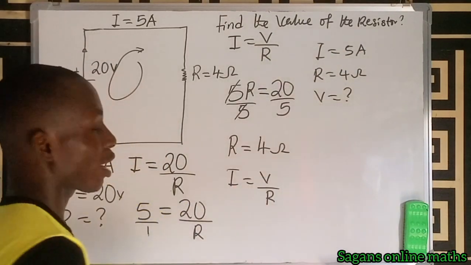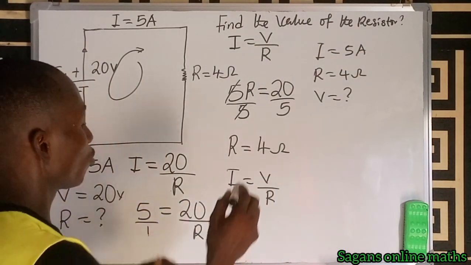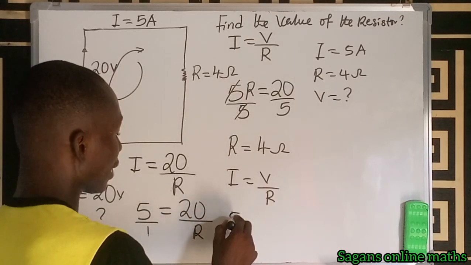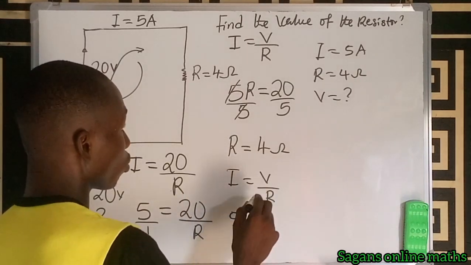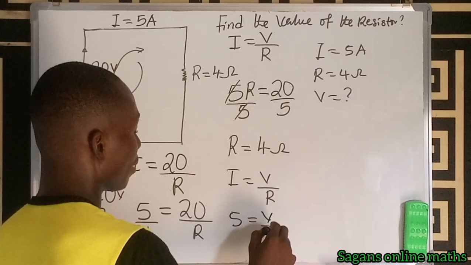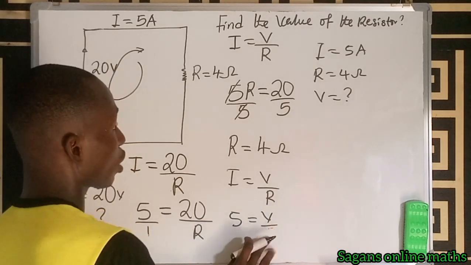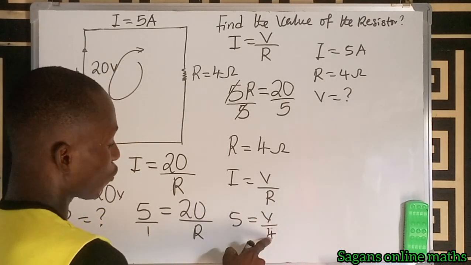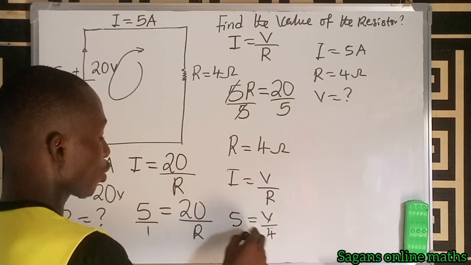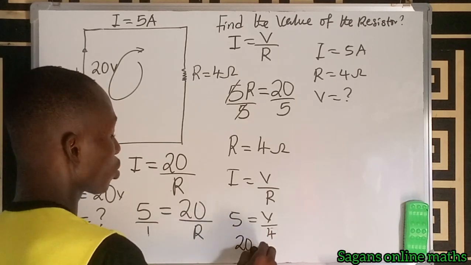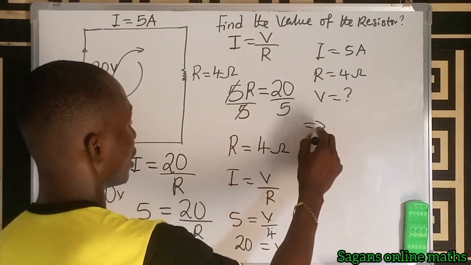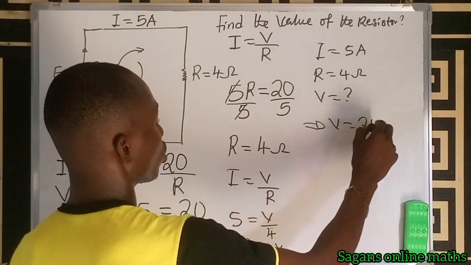Let's see whether I can get the true value of the voltage. So I is equal to V divided by R, and R is 4. We know that 4 times 5 is going to give us 20, equal to V. This implies that our voltage is equal to 20 volts.